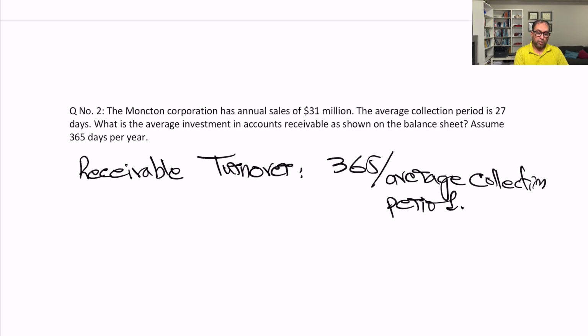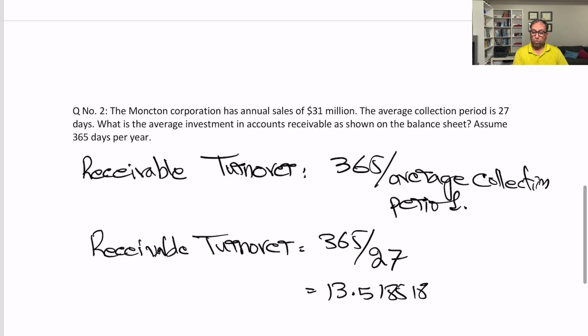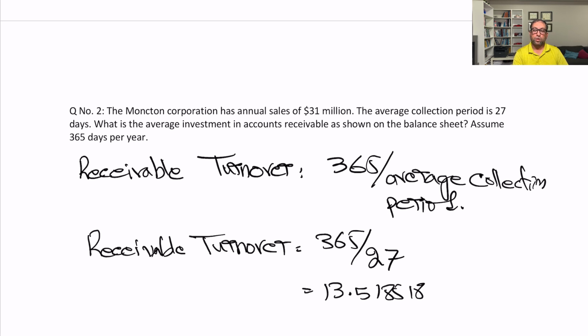So we can say receivable turnover is going to be 365 divided by 27. So we get 13.51851852, or we can write it up to this point, times.